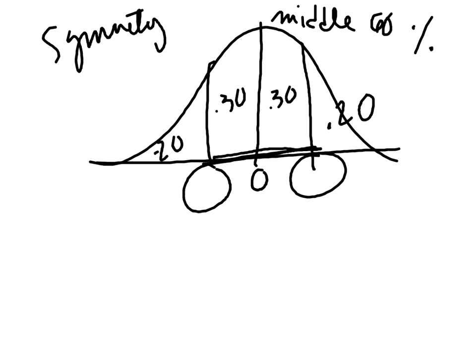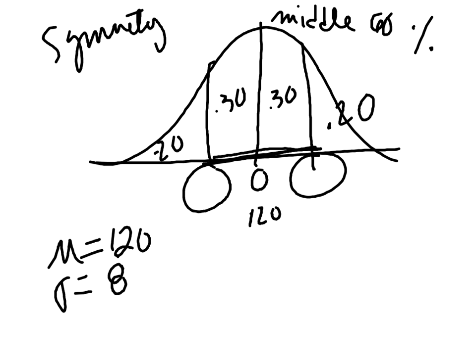Now that we've got some kind of an idea of what's happening, let's do the following. Let's find that average blood pressure is 120. And when we say average blood pressure is 120, we mean the mean is 120, and they tell us that the standard deviation is 8. Okay?